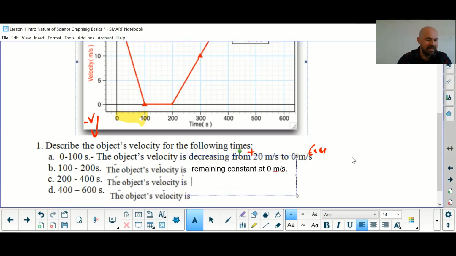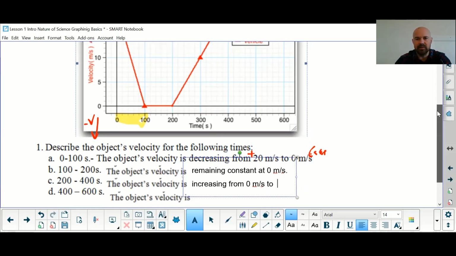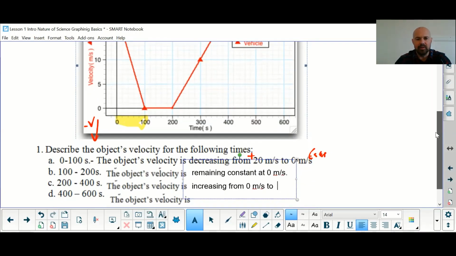For the next portion, the object's velocity, if you take a look here, starts at 0. It's increasing from 0 meters per second to, and I just need to look at the top, it reaches back to 20. So it gets back up to 20 meters per second at 400.